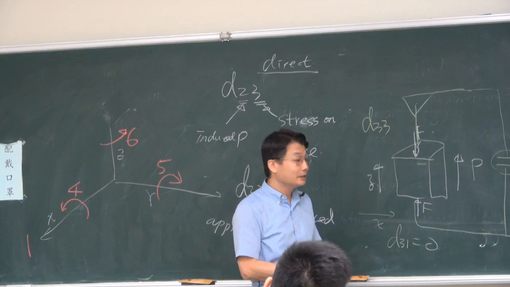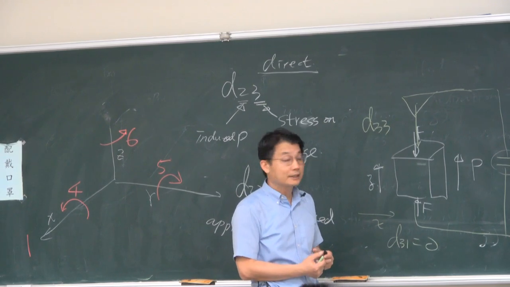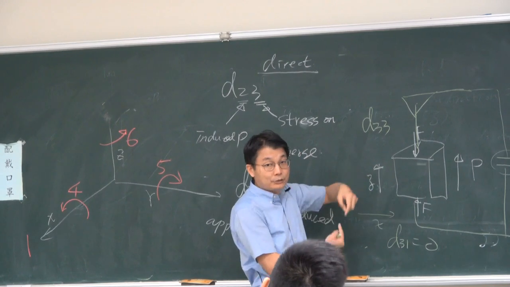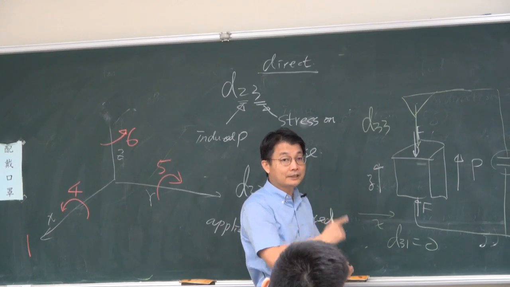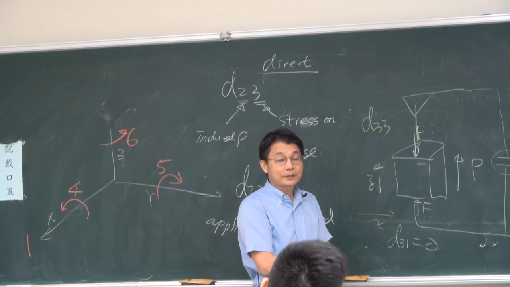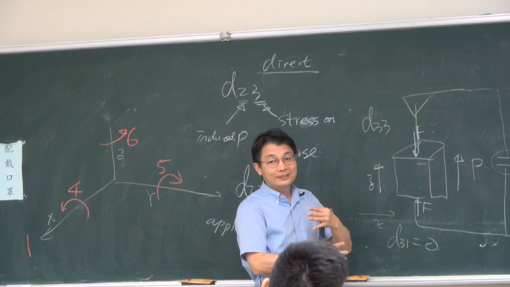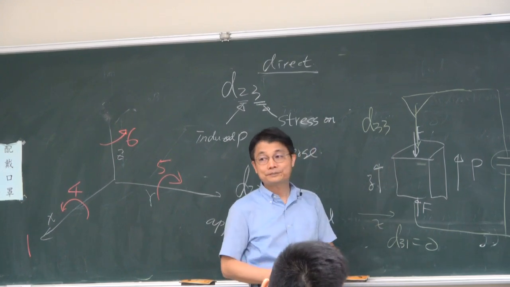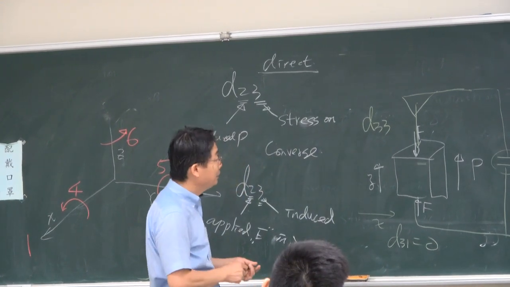So if you read papers on zinc oxide, you only see D33: apply stress in the Z direction, get piezoelectric output on the Z axis. And the converse is the opposite: apply electrical field and get the dimension change in the same direction.